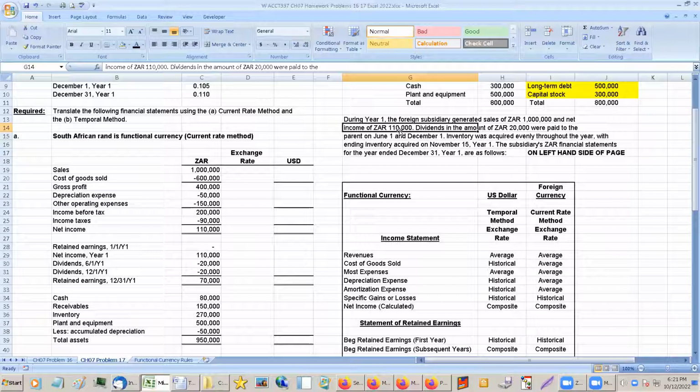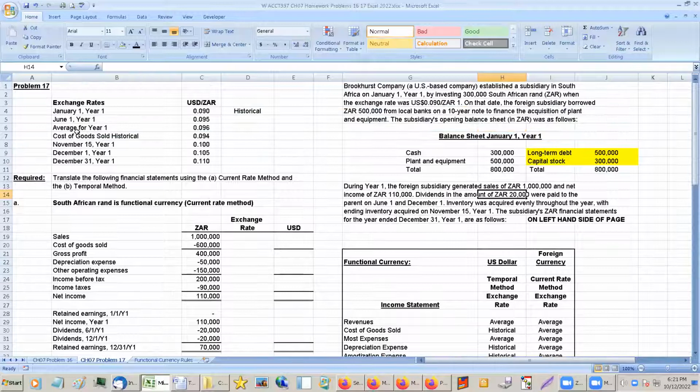Dividends in the amount of our 20,000 were paid on June 1st and December. Okay, so I'm going to come over here. So June 1st, this will be a dividend payment.